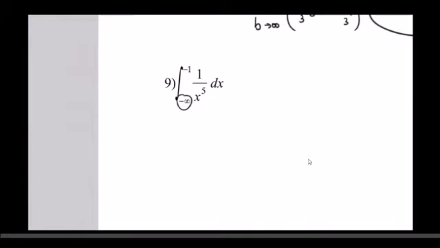Now, with this one, with the lower bound or the lower limit being negative infinity, we're still going to use a limit, but it's typical now to use the letter a, as a approaches negative infinity. Now we're going to go from a to negative 1 of x. I'm just going to move the exponent up so we can use the general power rule.